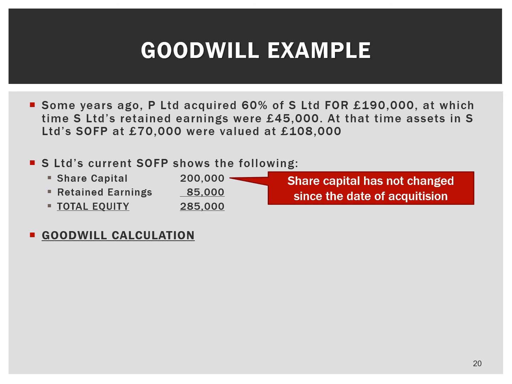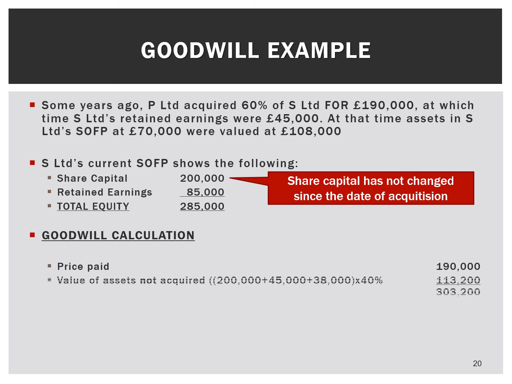So we can now calculate the goodwill from that information, but this time we start with the price paid, which was the £190,000, and then we add to that the value of the minority interest, the non-controlling interest in the subsidiary company at the date of purchase. So we need to work out what that value was. So the share capital 200,000 plus the retained earnings at the date of acquisition 45,000.